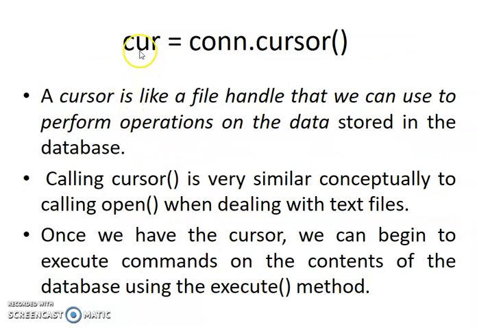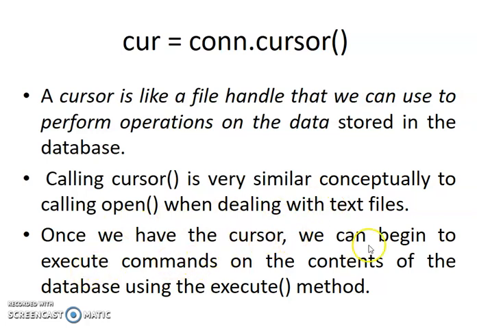The next instruction is that we need to create the cursor, with connect dot cursor. The cursor is like a file handle. To handle a file, we open it, and calling the cursor is very similar to opening a file in order to deal with text files.